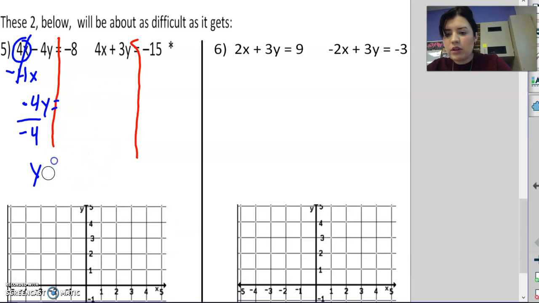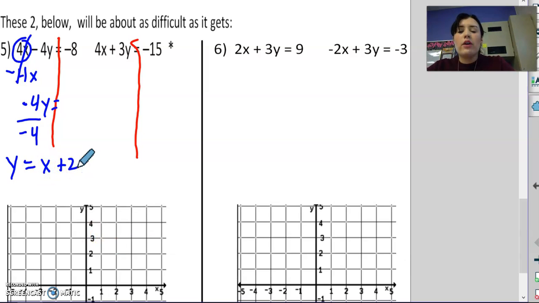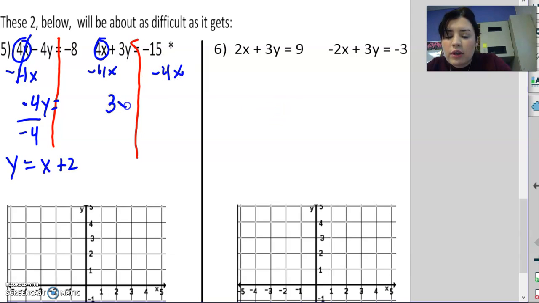Okay, I'm going to rewrite this. Alright, so again, we got to move that positive 4x over, so we are subtracting 4x on both sides. We're going to get 3y equals negative 4x minus 15.